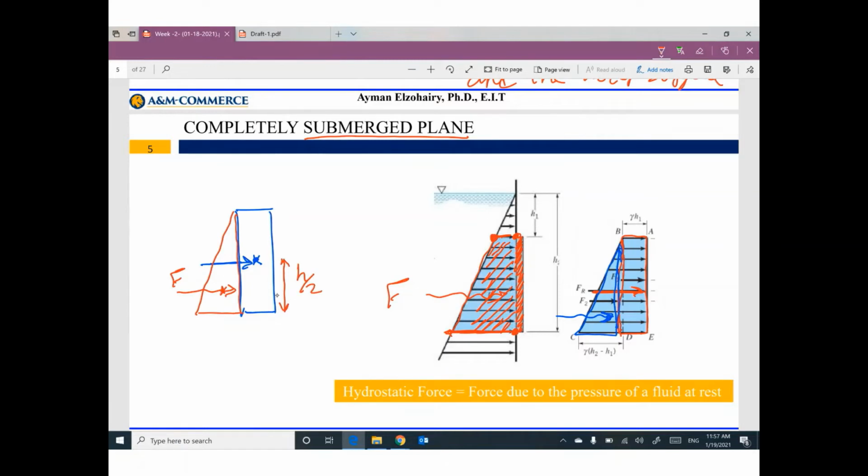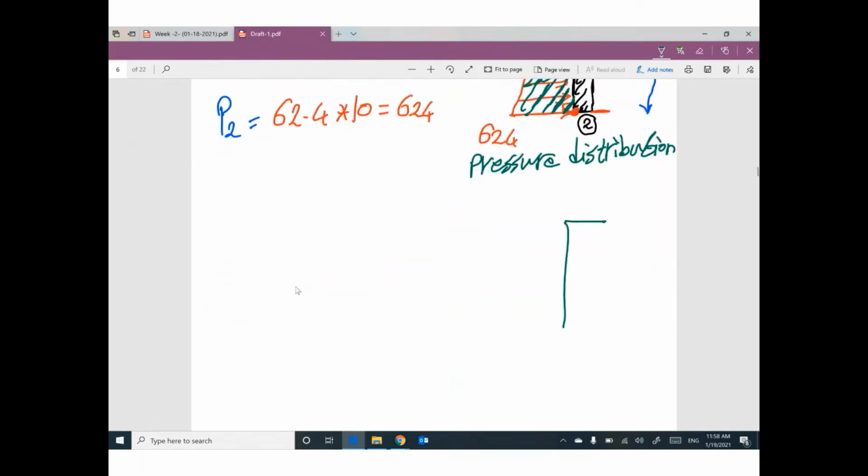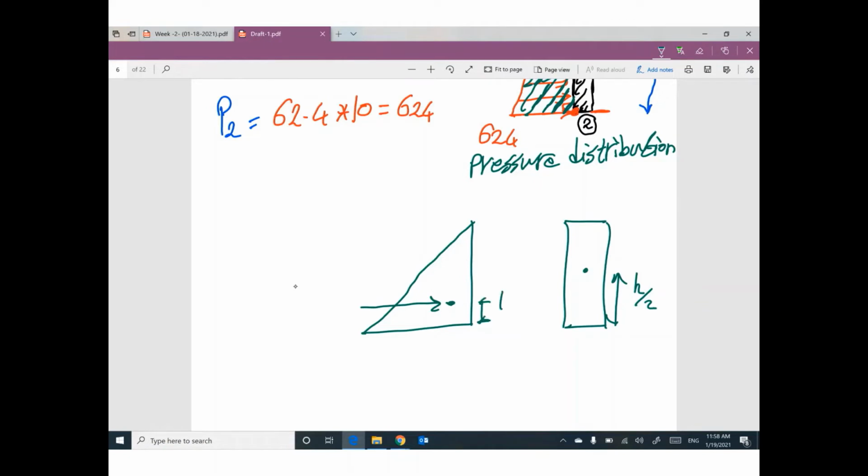For the triangle, at h divided by 3. Just for your information, for any rectangle, the centroid is at mid-height. For any right angle triangle, the centroid is at 1/3 of the height.